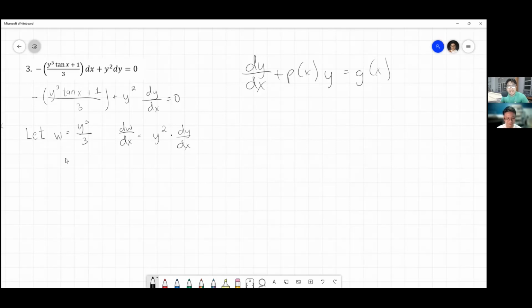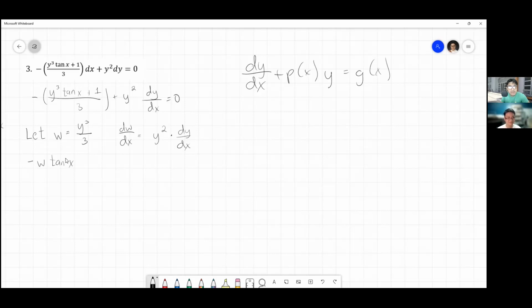Okay? So, etong term na to is as easy siya as dw over dx. And then, yung y cube over 3, mapapalitan agad natin siya ng w dito. So, rewriting it with our substitution, i-separate ko na yung dalawang terms dito. Magiging negative w tangent x.